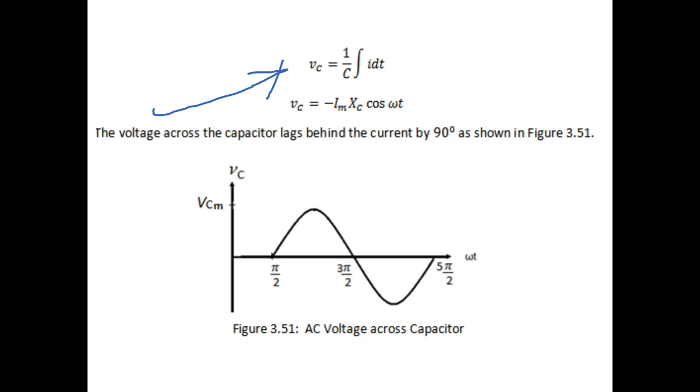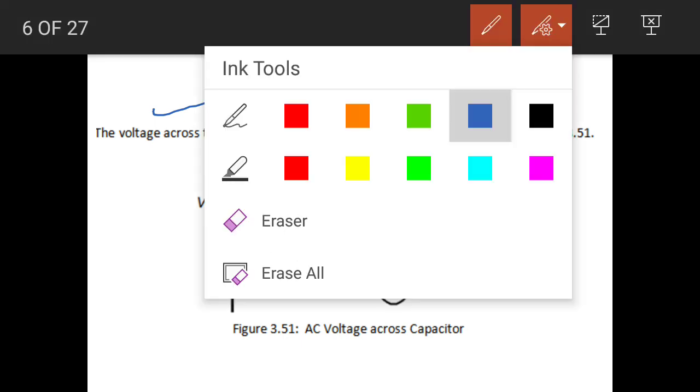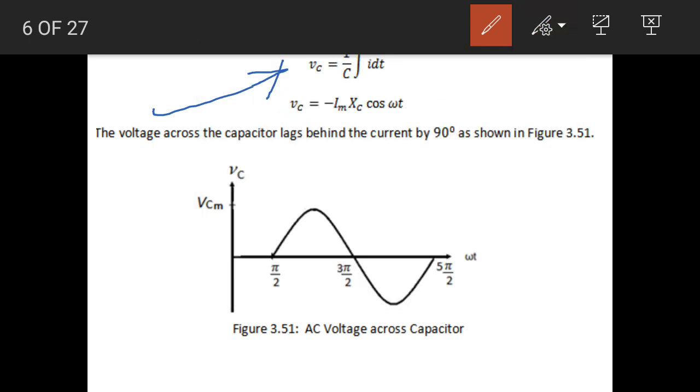So what we do, we put the value of the AC current in the first equation, and we integrate this current with respect to t, and we simplify the equation for the voltage across the capacitor. So we get the voltage across the capacitor. Here is the AC voltage across the capacitor.